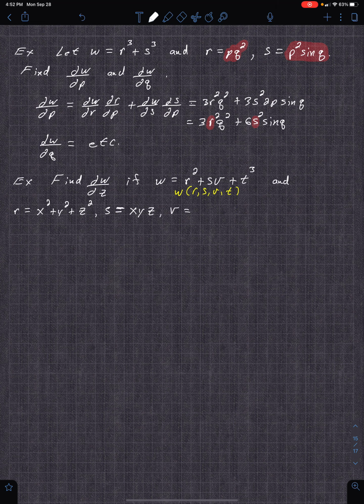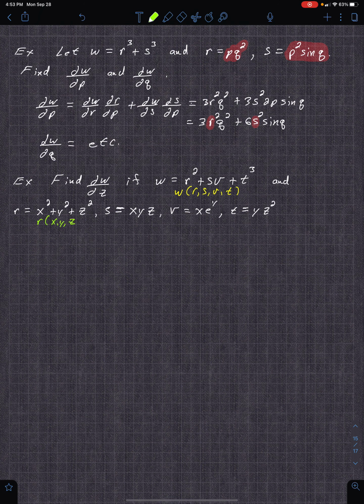V is x e to the y, and t is y z squared. So we recognize here that r is a function of x, y, z.